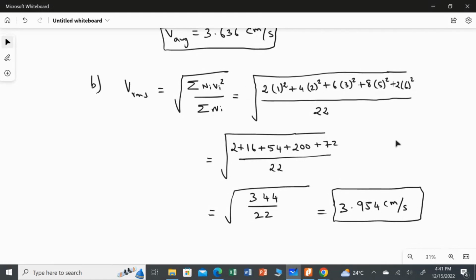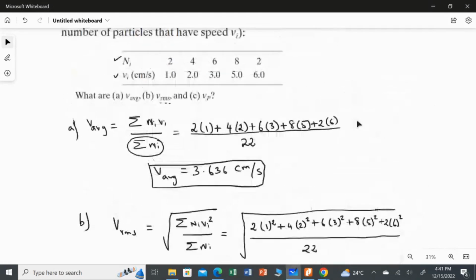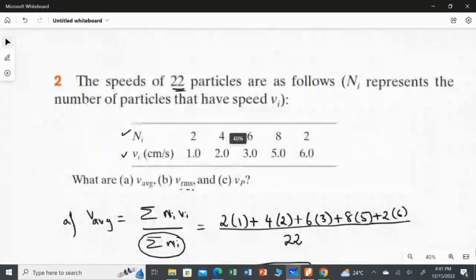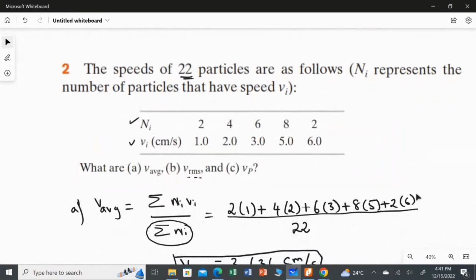Now we have to find the probable speed. For that, I can give the answer directly, because there is no specific formula for this type of question. We have to see the condition here. For finding the probable speed, we have to identify the speed that has the maximum number of particles.